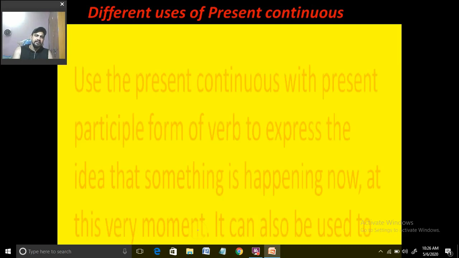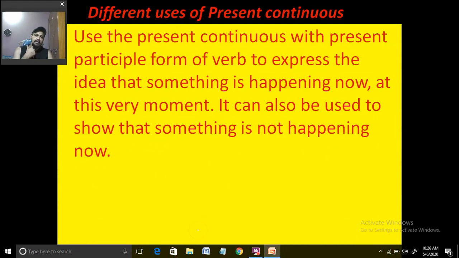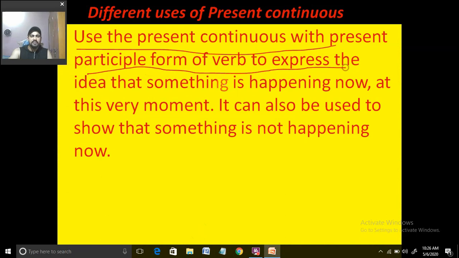So let's see that. Okay, first one is to use the present continuous with the present participle form of the verb to express the idea that something is happening now.